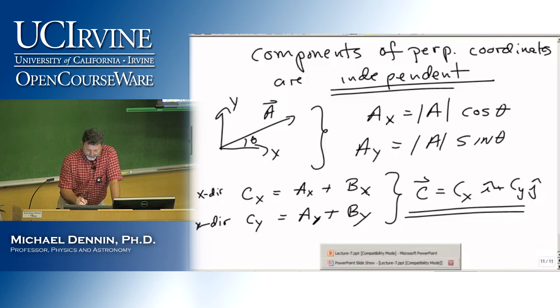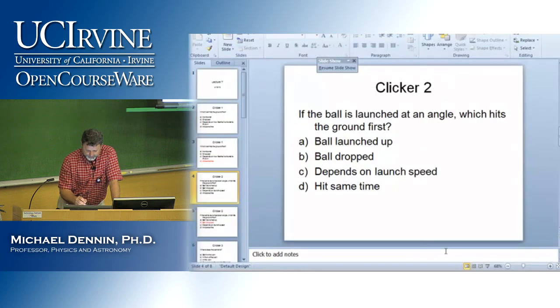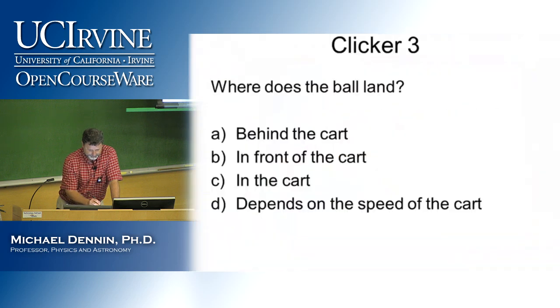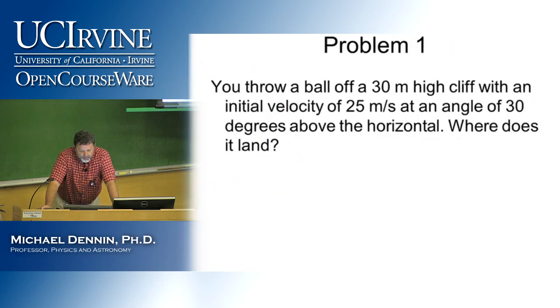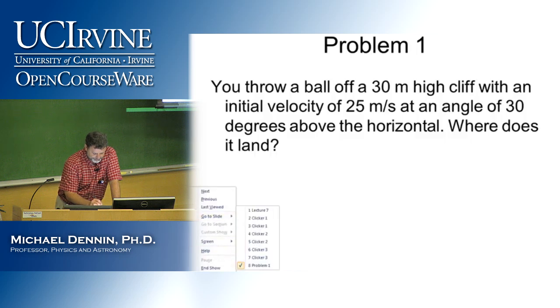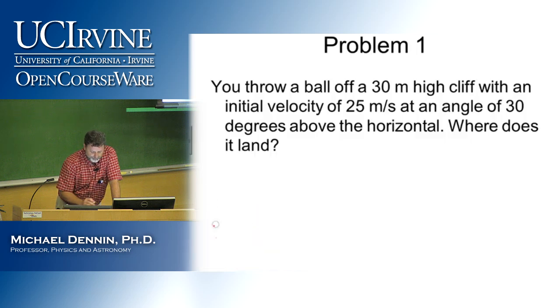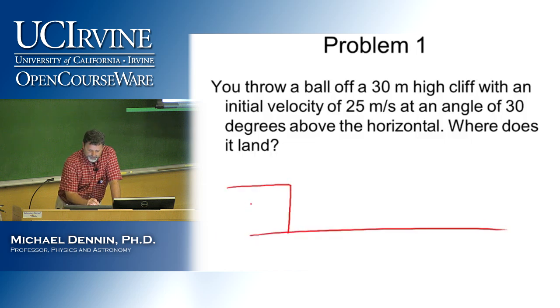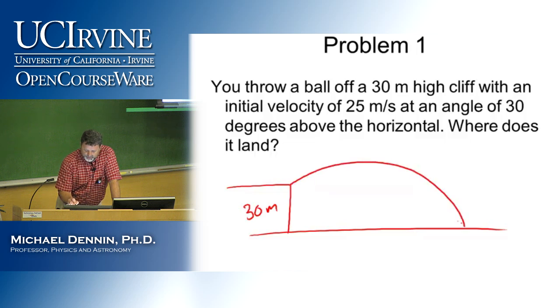So our problem. We're going to throw a ball off a 30-meter high cliff with an initial velocity at an angle of 30 degrees, and we're going to ask, where does it land? So we draw our picture. We have a 30-meter high cliff. We're going to throw the ball.